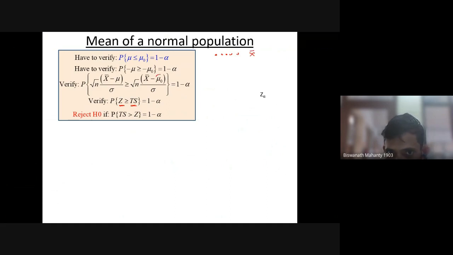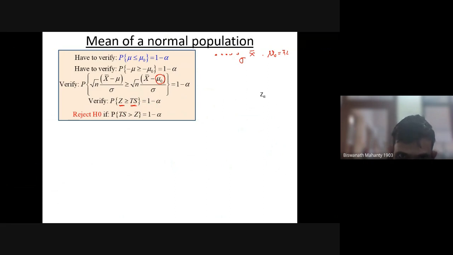And I have already asked you one question. My question is, for example, less than 72. That means you already know mu 0 equal to 72. Sigma value also you probably know. And root n, the number, you know. So basically we are asking whether the probability that z will be greater than ts.